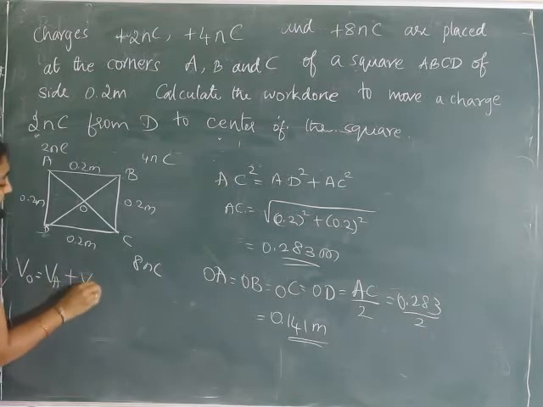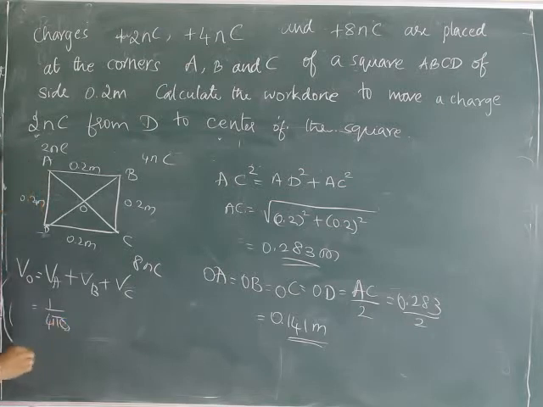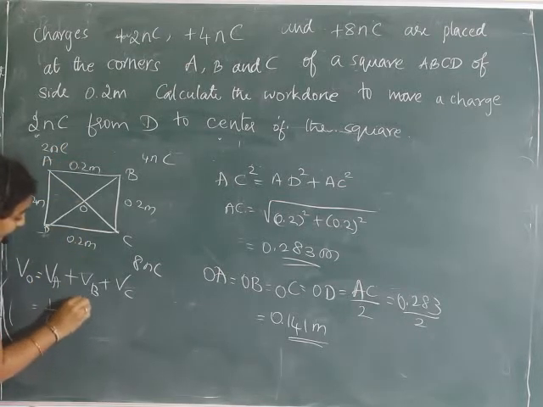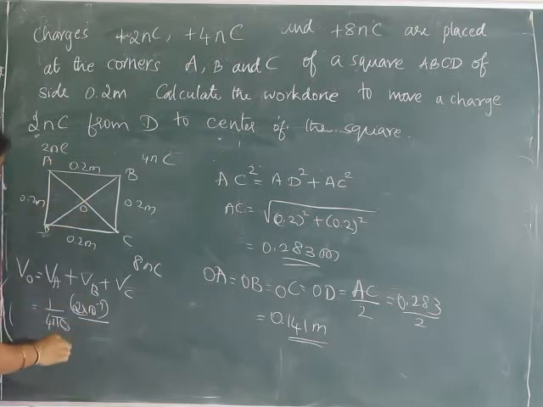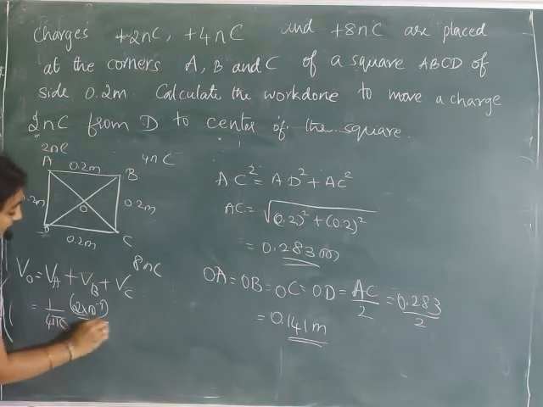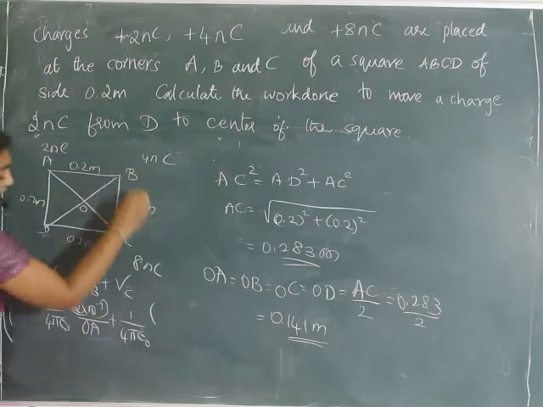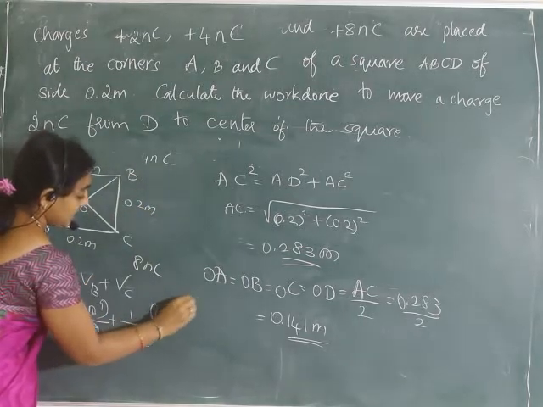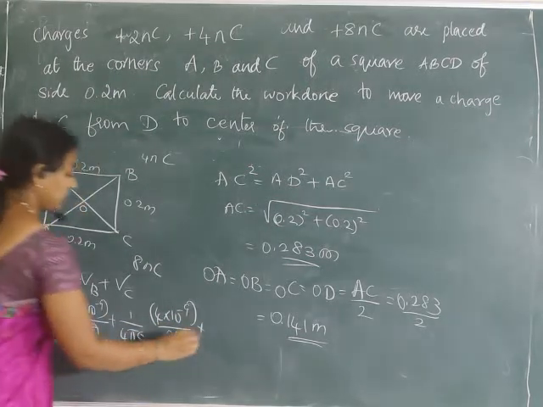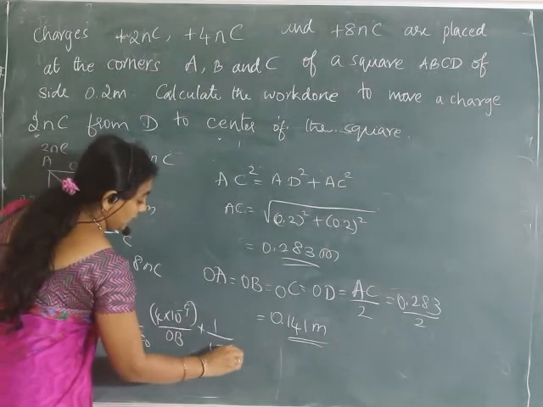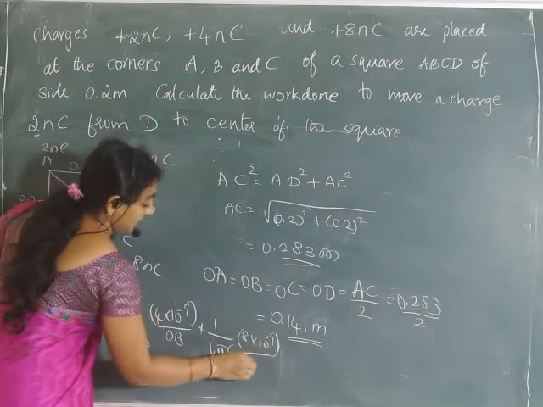VA plus VB plus VC. 1 by 4 pi epsilon naught 2 into 10 to the power minus 9 divided by OA, plus 1 by 4 pi epsilon naught 4 into 10 to the power minus 9 divided by OB, plus 1 by 4 pi epsilon naught 8 into 10 to the power minus 9 divided by OC.